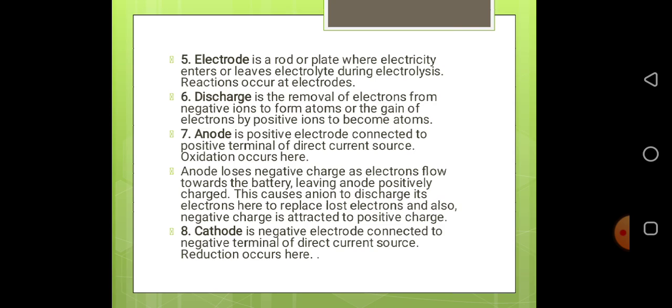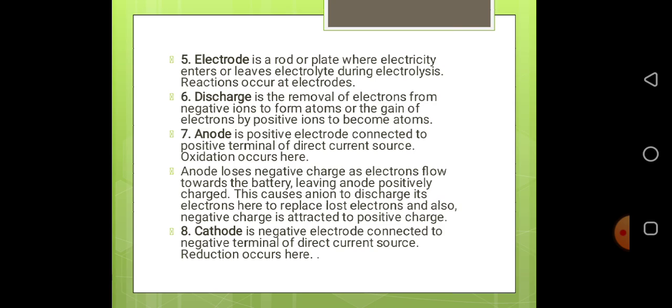We have the cathode. The cathode is a negative electrode connected to the negative terminal of a direct current source. Reduction occurs here. So the cathode is negatively charged.